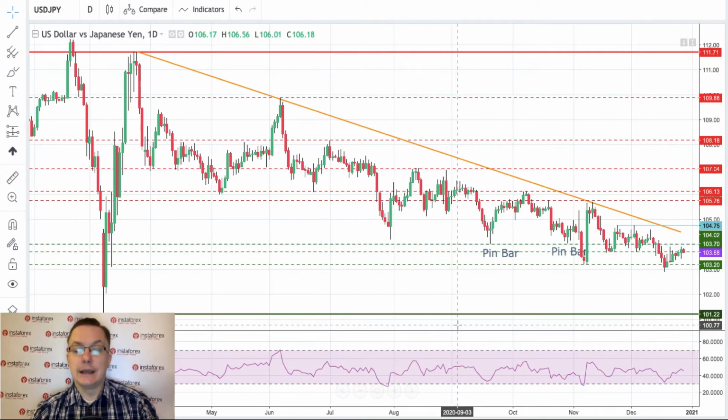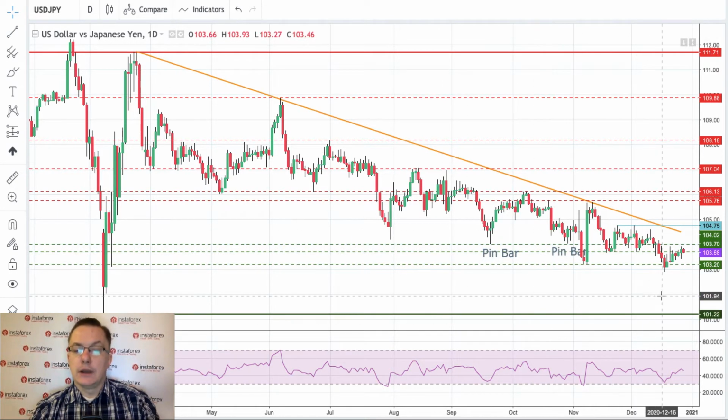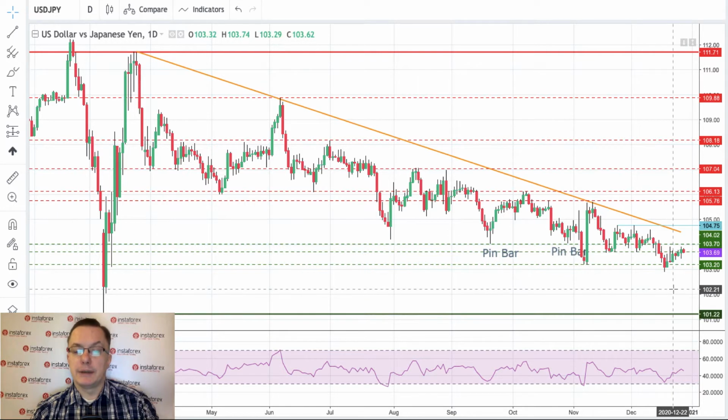So that's the key technical support, the key low. And I think that as soon as this low at 101.22 is violated, then this downtrend will actually increase in volatility and in speed, so it will be more dynamic.